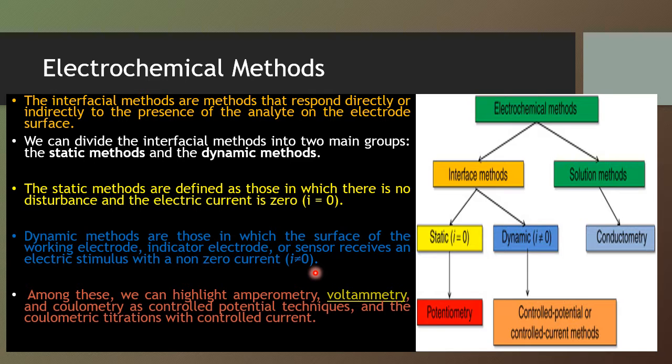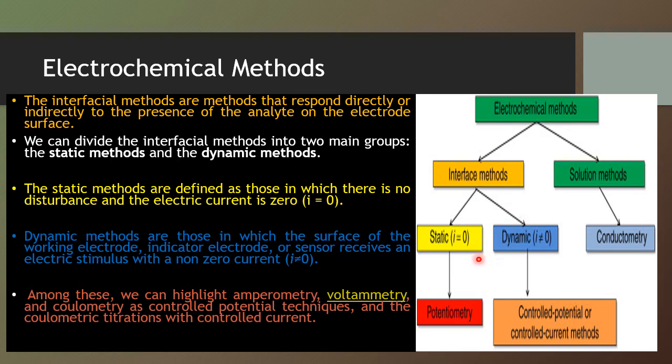So basically what we have learned is that interfacial electrochemical methods are of two types. One is the static, in which there is no flow of current. The example is potentiometry. In these interfacial static potentiometry methods, we determine the electrical properties of our sample without any flow of electric current.